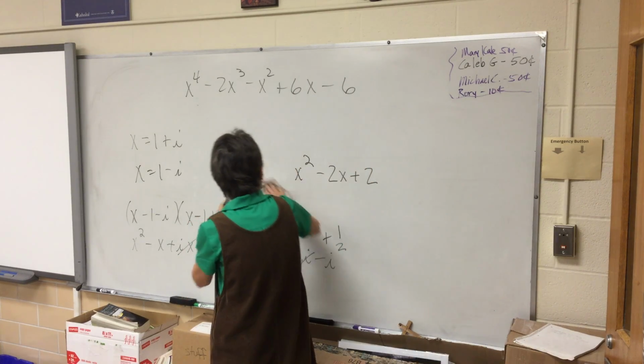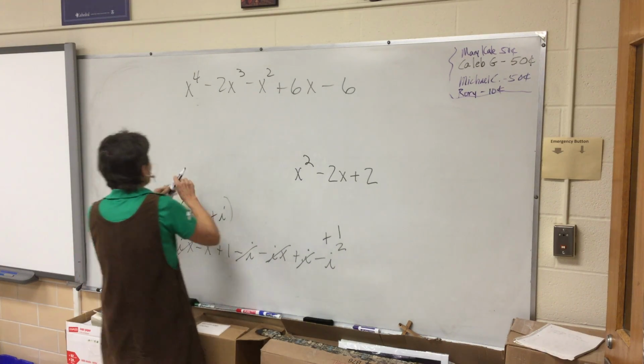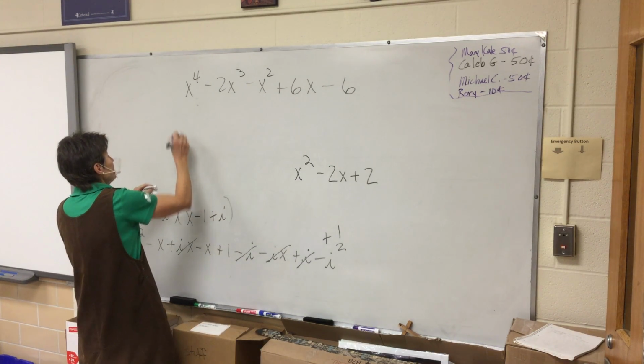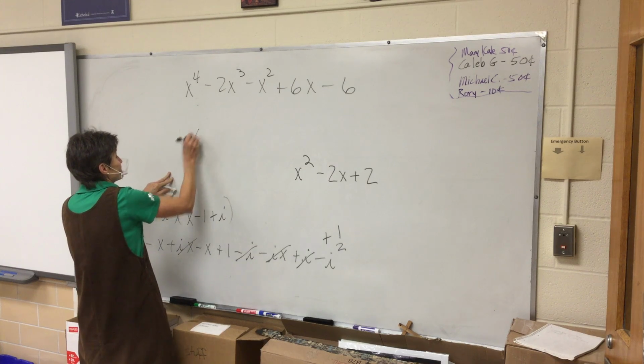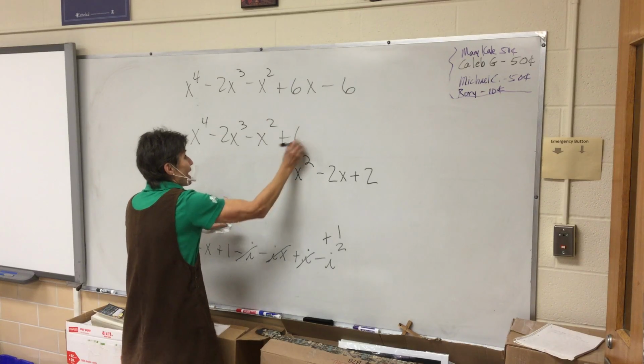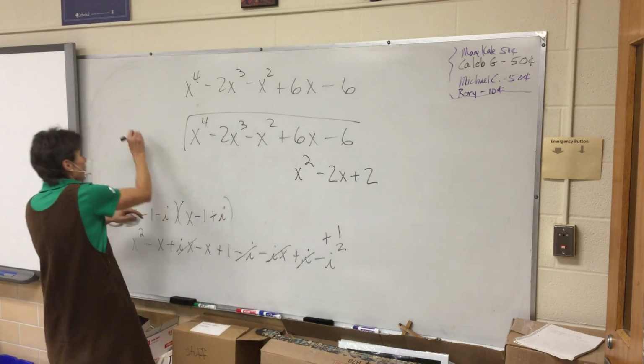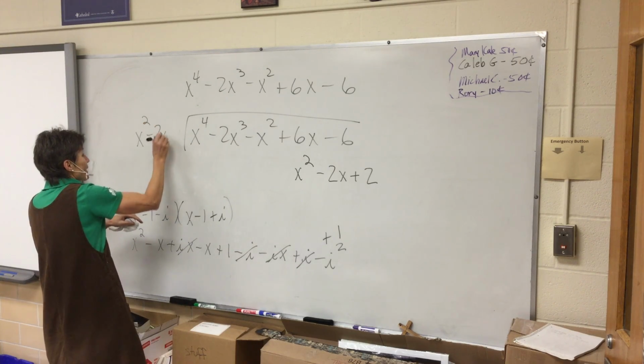Now, I'm going to take this guy and, using my wonderful long division, divide my problem by x squared minus 2x plus 2.